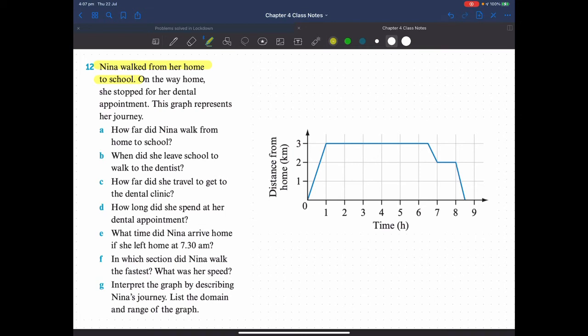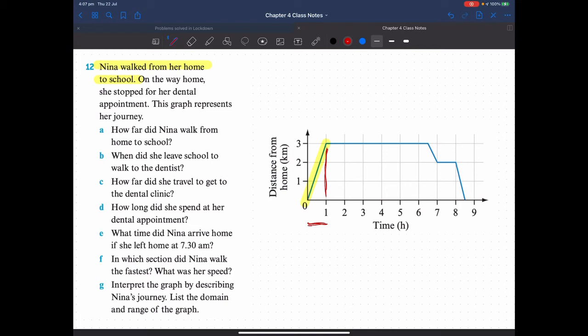I'm going to highlight where that is on the graph. So she's left from home and she's gone to school. It has taken her 1 hour to get there. And she has travelled 3 kilometres.